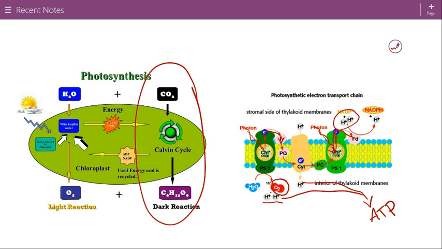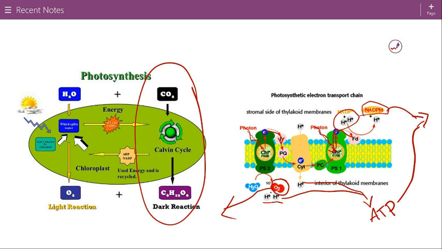The electron is going to join one of them, changing our NADP into NADPH. And then the NADPH and the ATP are going to combine later in our Calvin cycle to form sugar. Then we've got these oxygens, and they're going to go away into the atmosphere.